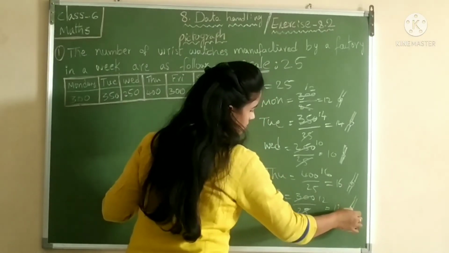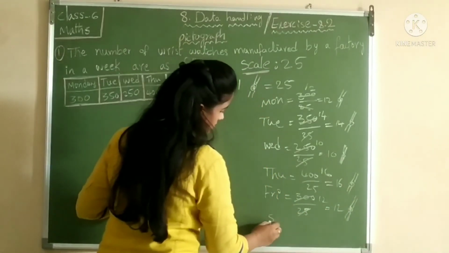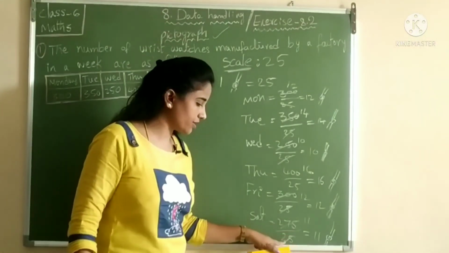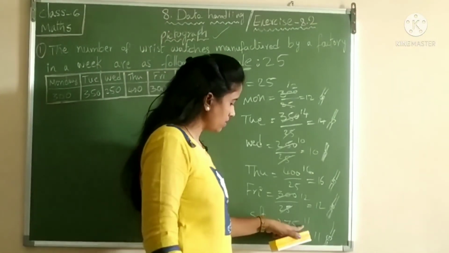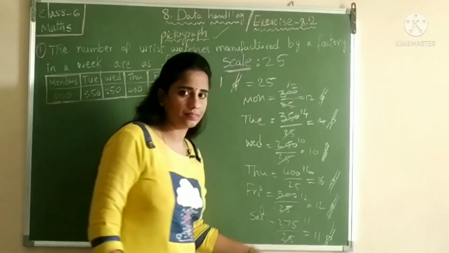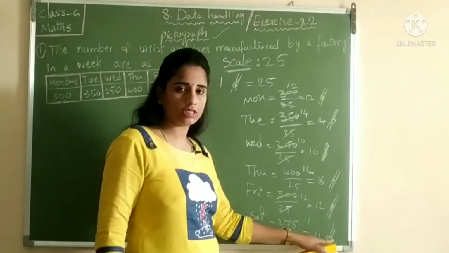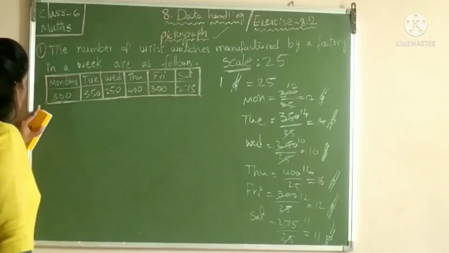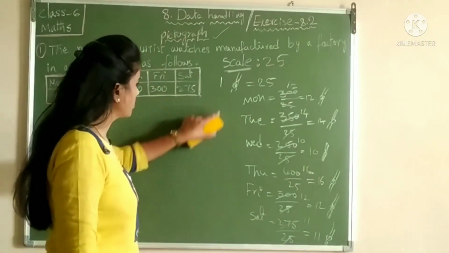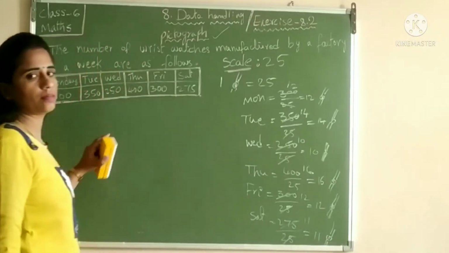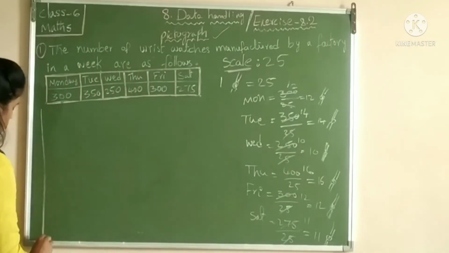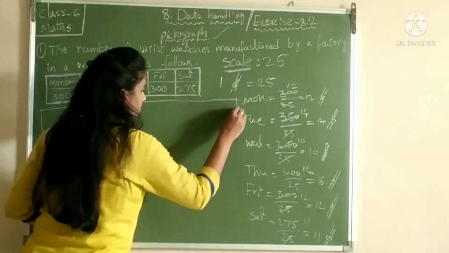And Saturday, 275 by 25. 11 watches. The 275 watches is equal to 11 watches in pictures. So now you draw the pictograph of the given data. Okay, how to draw the pictograph of the given data?